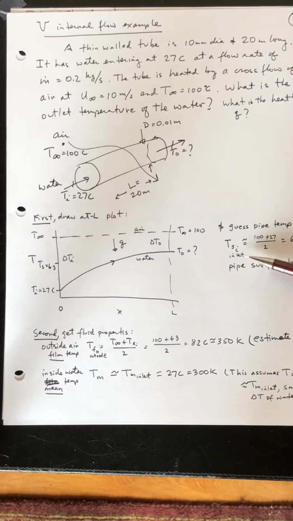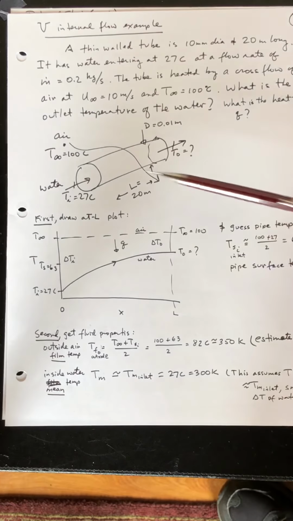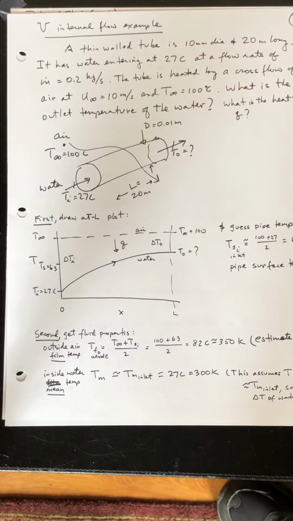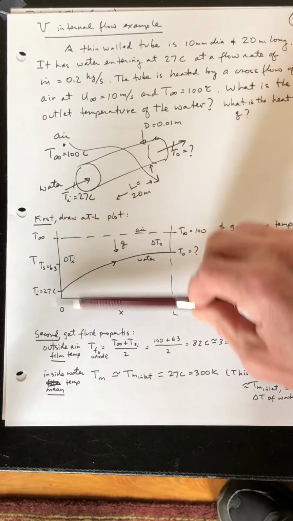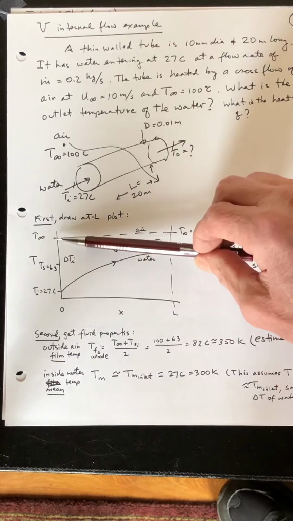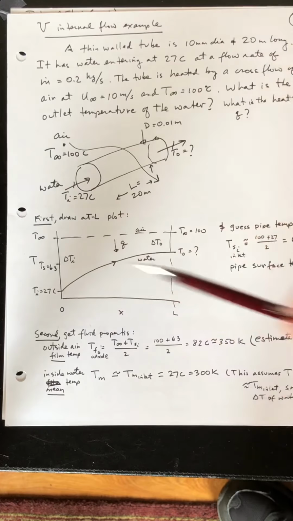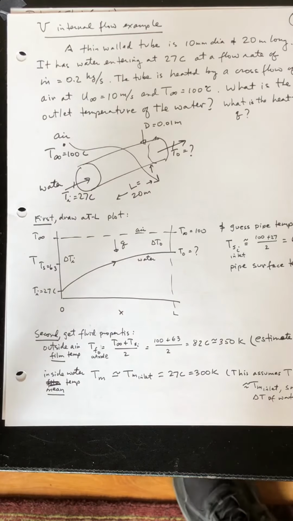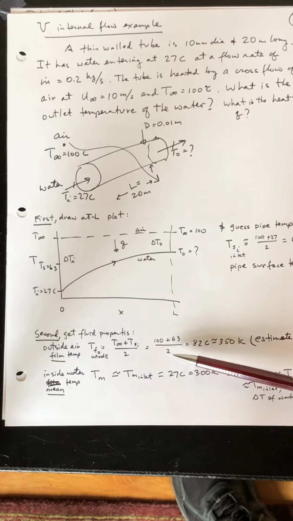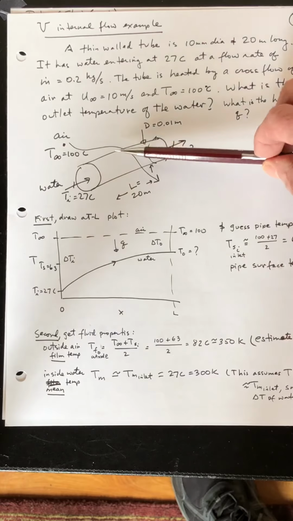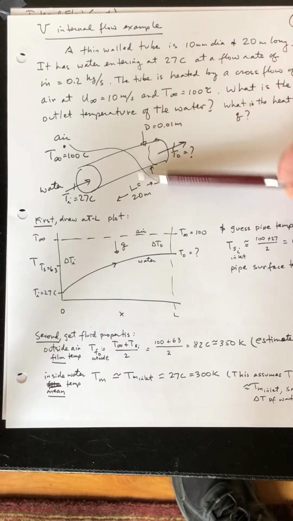So we will need to know the pipe surface temperature, and I'll just go ahead and assume it's halfway in between the outside air and the incoming water temperature, which is then 63 degrees Celsius. And then, armed with that, I can then look at the film temperature around the cylinder.